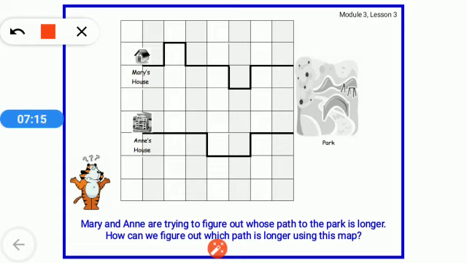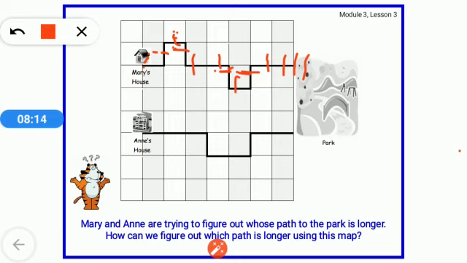Let's start with Mary's path. 1, 2, 3, 4, 5, 6, 7, 8, 9, 10, 11. So Mary walks 11 blocks.